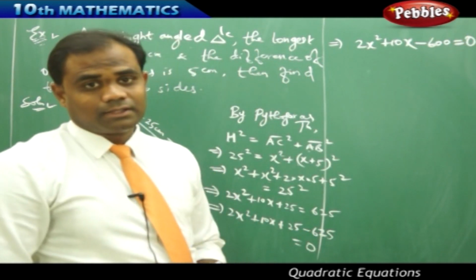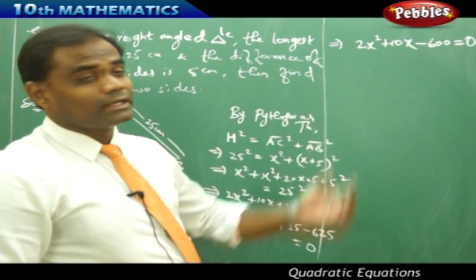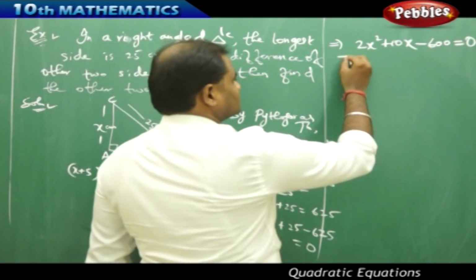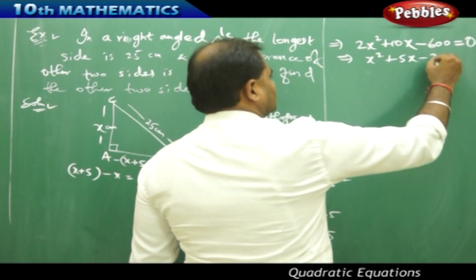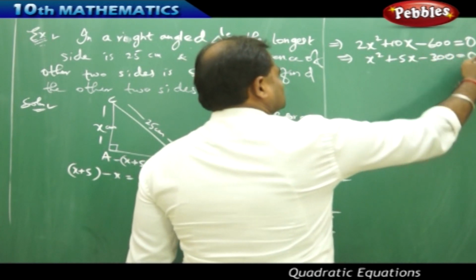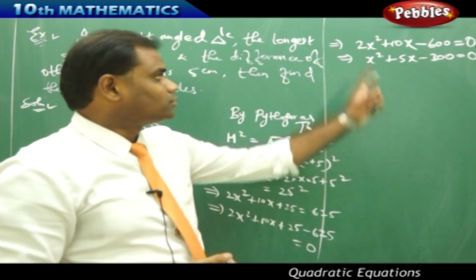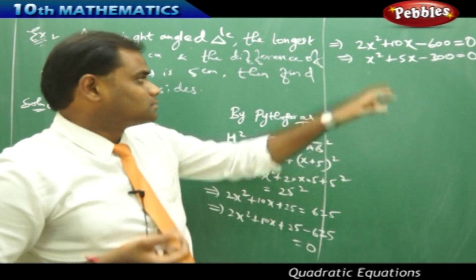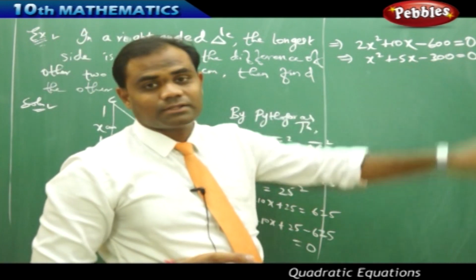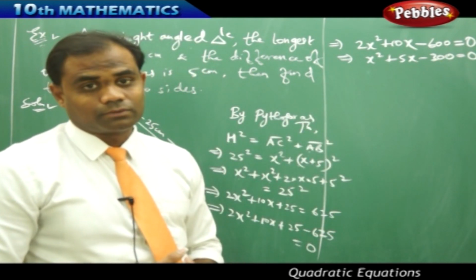I can further simplify this by taking 2 common. Therefore, I get x square plus 5x minus 300, which is obtained by dividing each of the terms by 2. The whole equation divided by 2 gives me x square plus 5x minus 300 equal to 0.